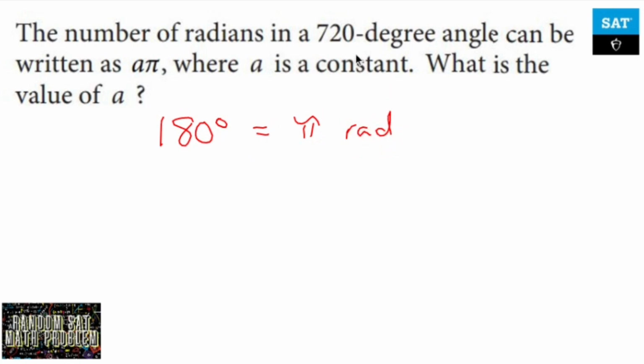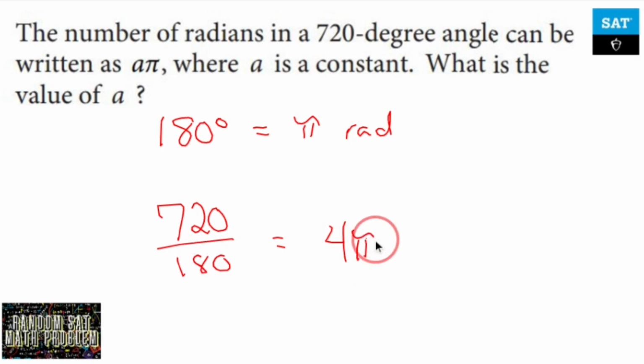So if I wanted to find out that 720 is equal to pi a, let's divide 720 by 180. We will get 4. So 720 degrees is 4 pi radians.